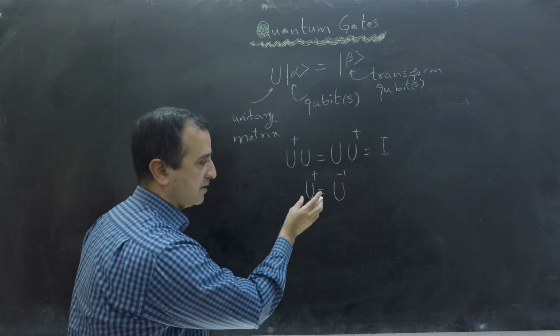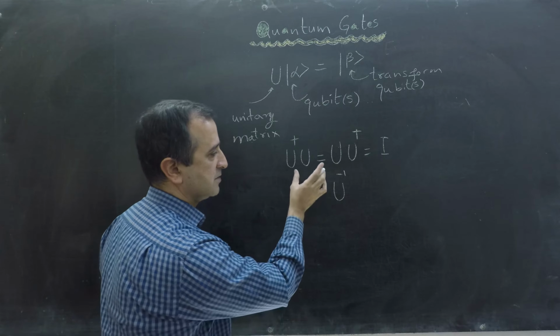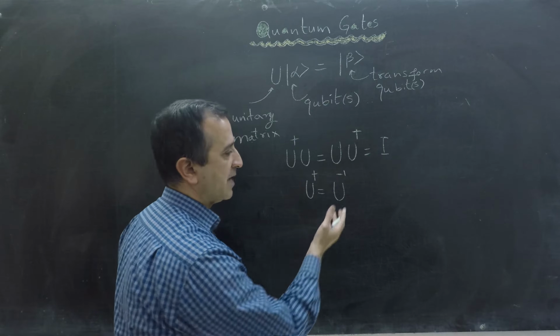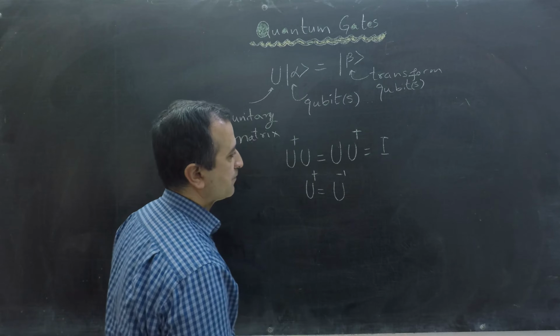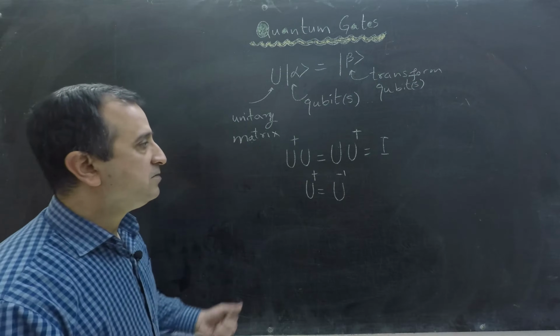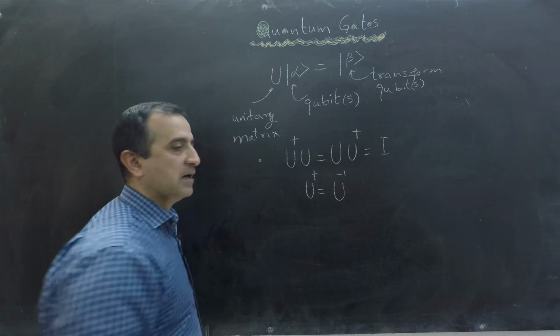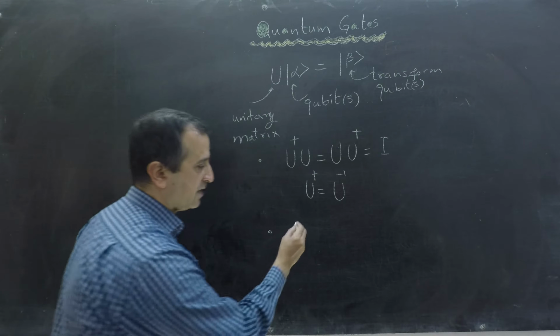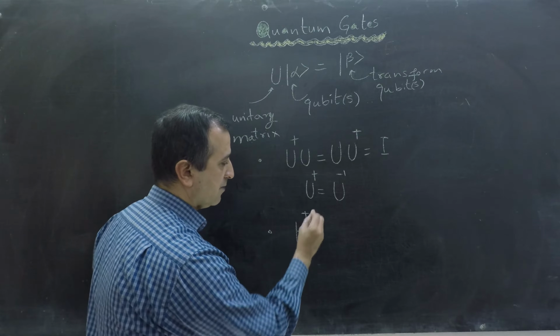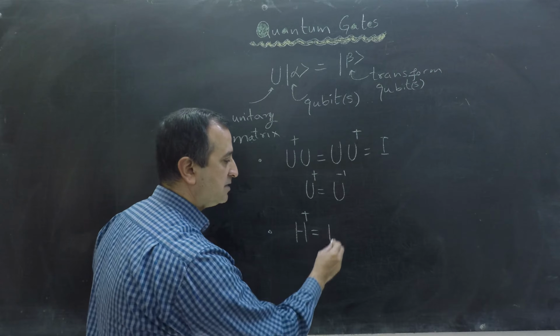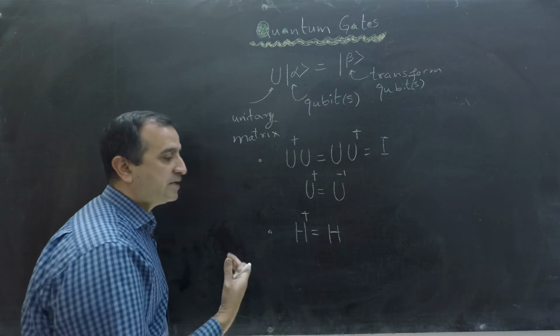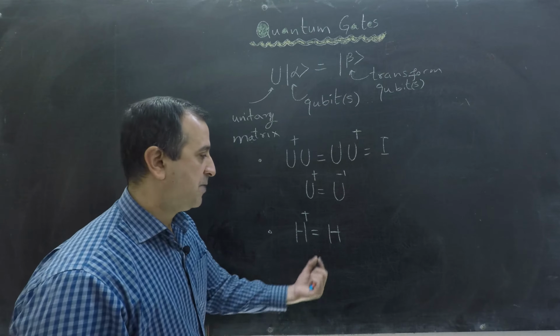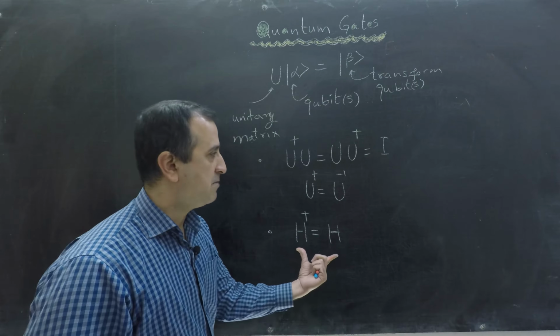So if I take the conjugate transpose of a matrix U, I will get its inverse. Now there is another kind of matrix called a Hermitian matrix. For a Hermitian matrix, if I take the conjugate transpose, then my result is equal to the same matrix. So conjugate transpose doesn't change the result.